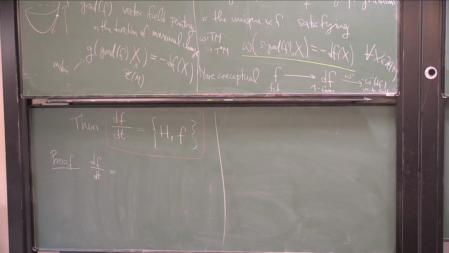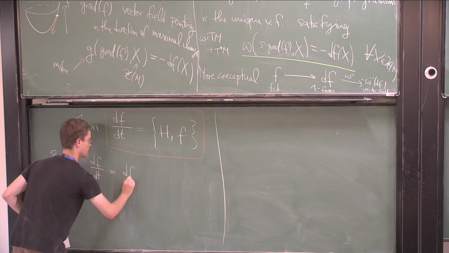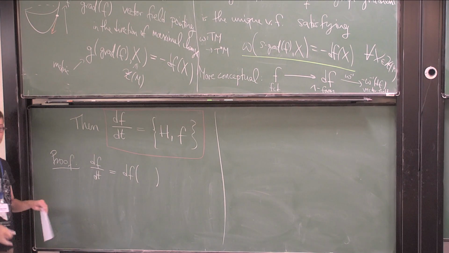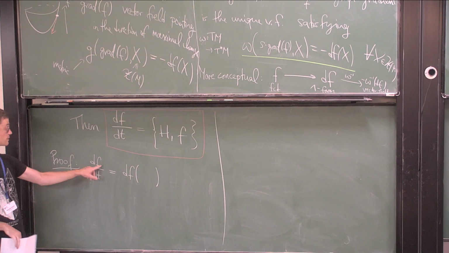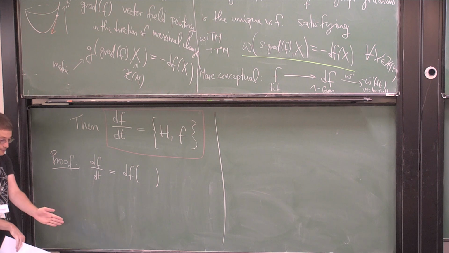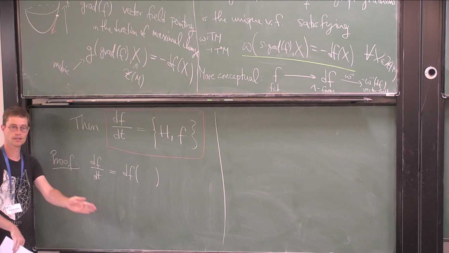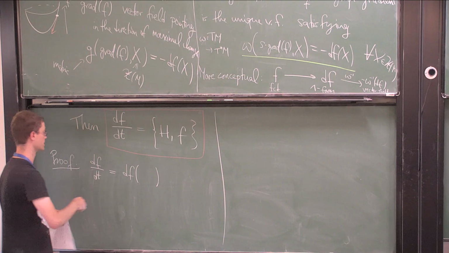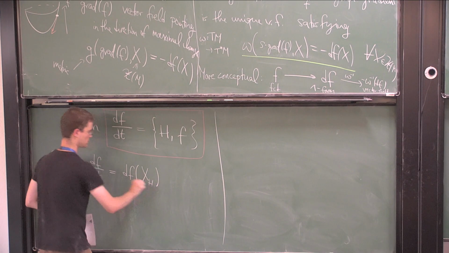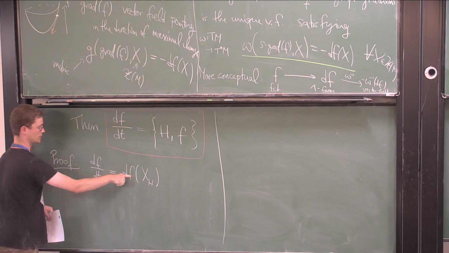The time derivative, well, any kind of derivative, is the differential of f applied to some vector field. Which vector field? The vector field giving the time evolution. The time evolution is given by the symplectic gradient of the Hamiltonian. This is actually the definition.